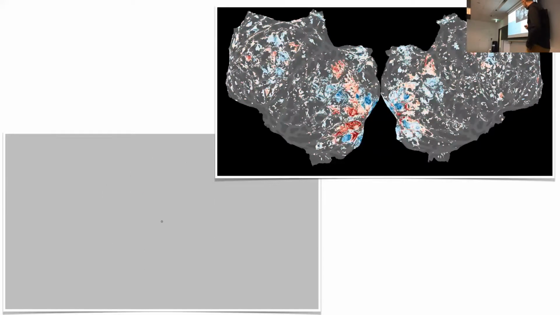And the nice thing is that if you look in the brain, you can actually see on these maps that we have in the brain waves of activation traveling over the surface of the brain, right? So what this means is we have a very structured visual stimulus, a very simple movie, and we have very structured activations in the brain. And you can actually see waves running through the brain if you show a movie of a wave. Yeah.